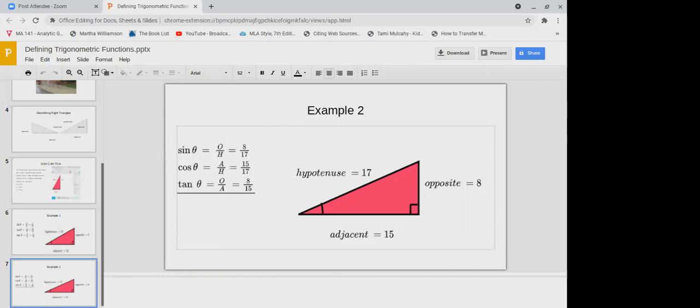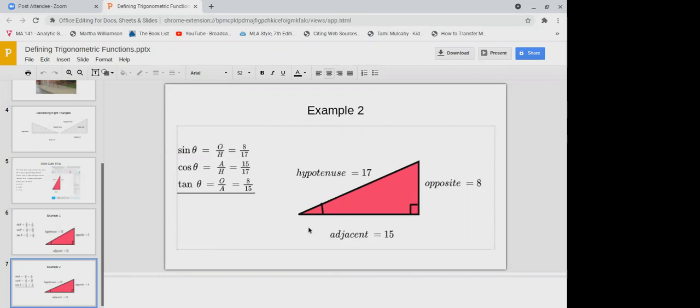And that's really all there is to finding the values of the three trig functions when the sides of a triangle are given to you. There are other instances where we do much more, where we're not given as much, or where we have unknowns, but the basic concept is the same.